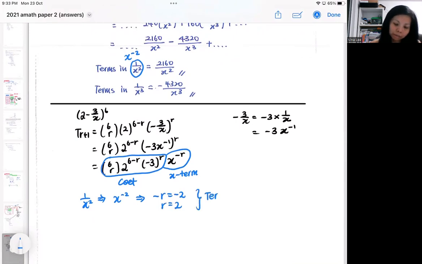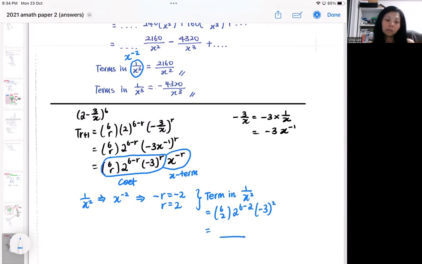So the term in 1 over x squared will be 6C2, 2 to the power 6 minus 2, and minus 3 squared, x to the power minus 2. Then you punch the calculator. Sorry, if we wanted the term, it comes with the x. If we just wanted the coefficient, we would write it without the x.